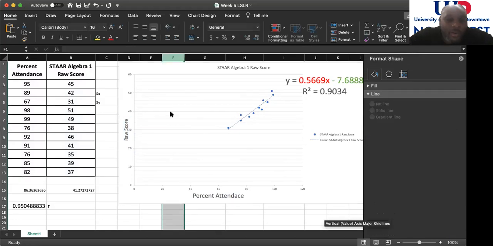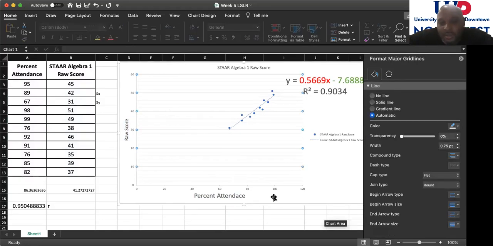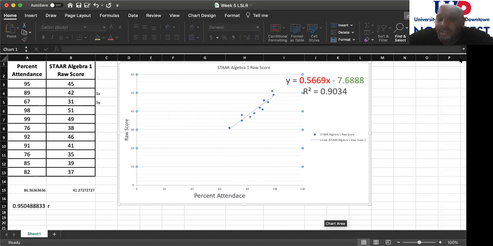For every 1% increase in attendance, there is a 0.5669 increase in your raw score. That's how you say that. Does everybody understand that?